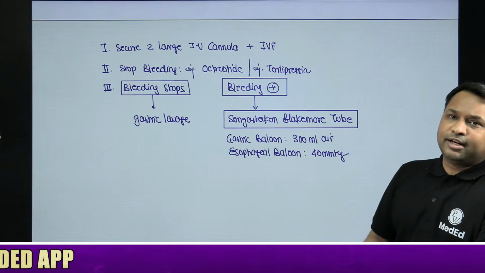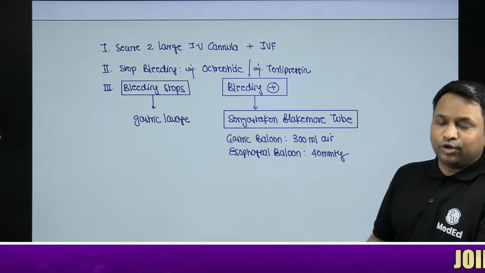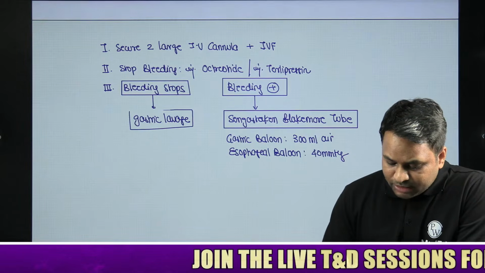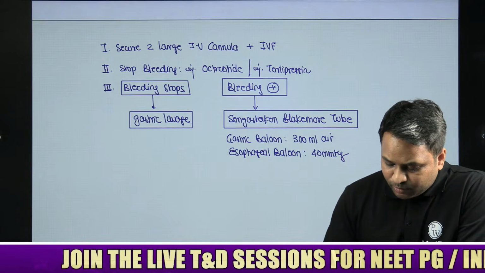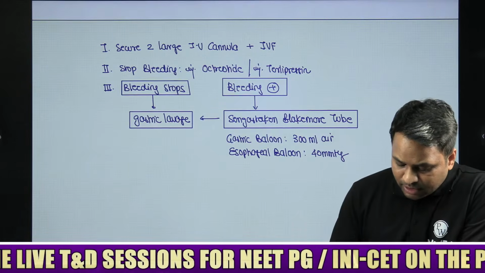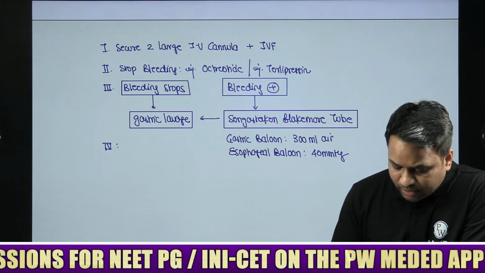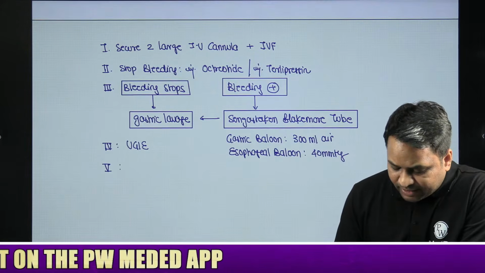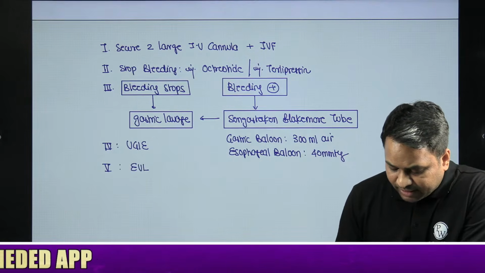Ringer lactate is preferred over normal saline for resuscitation for volume loss. Once the bleeding is stopped, eventually after doing an SBT, you will come back to gastric lavage. After doing a gastric lavage, you do an upper GI endoscopy. Once you identify the varices, you do an endoscopic variceal ligation.